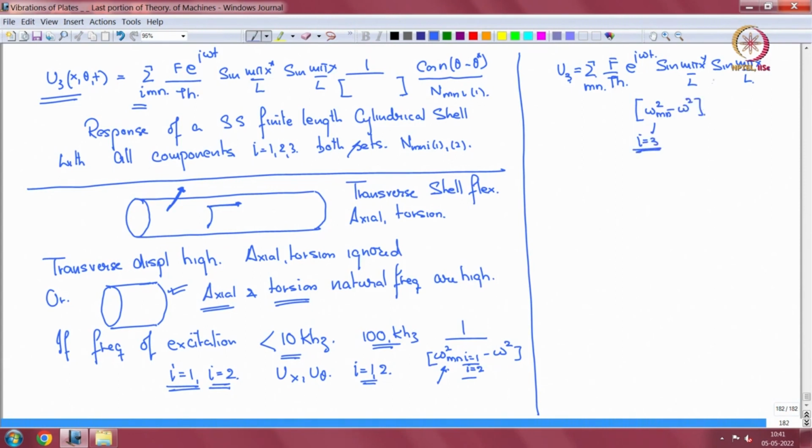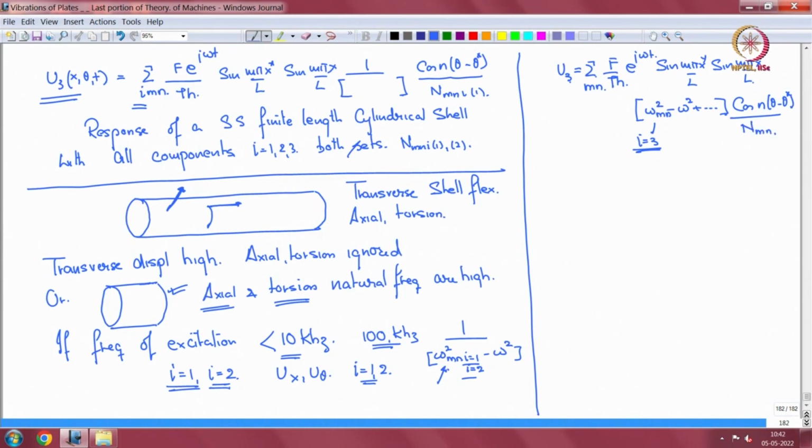And of course the damping term, plus etc., into cos n theta minus theta star, divided by N mn.